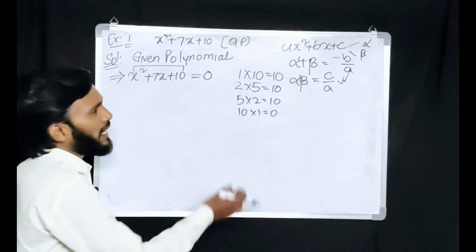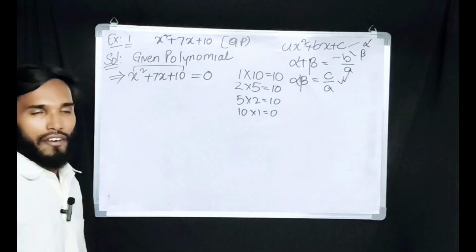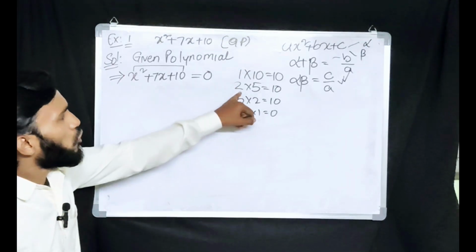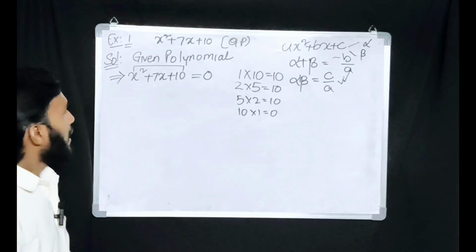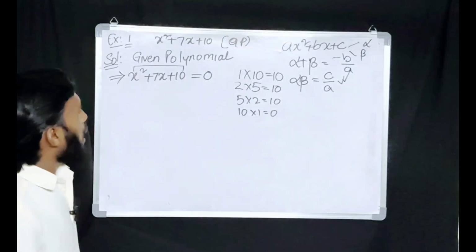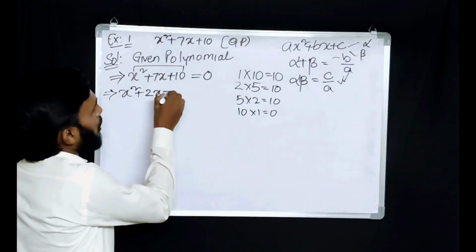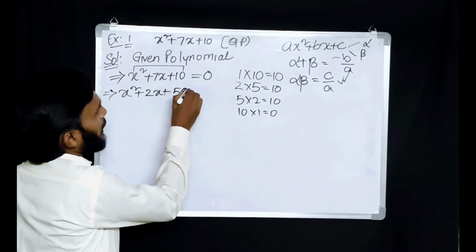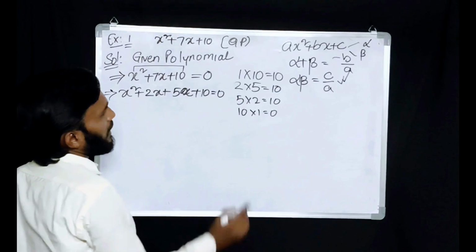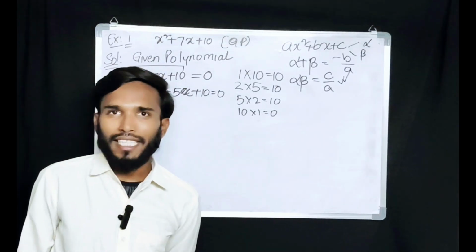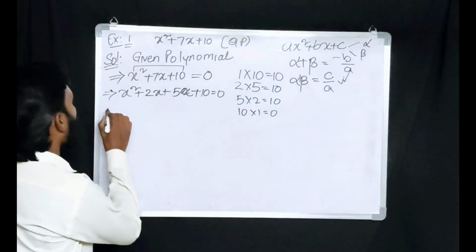If you observe clearly, 1 plus 10 is equal to 11, but 2 plus 5 is 7. Yes, it is possible. So now write x square plus 2x plus 5x plus 10 is equal to 0.